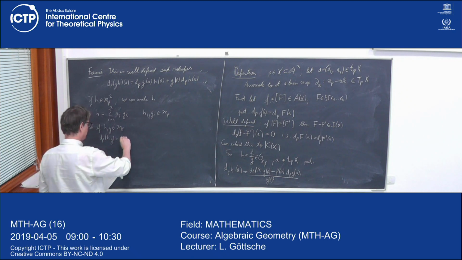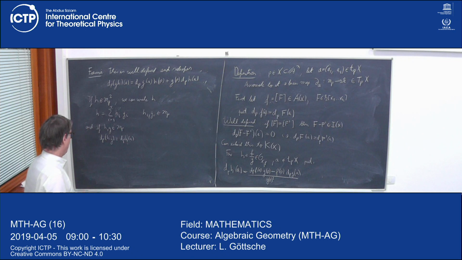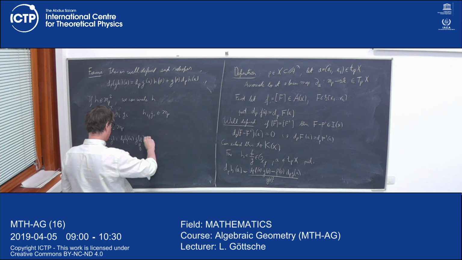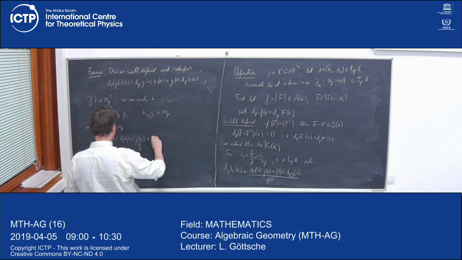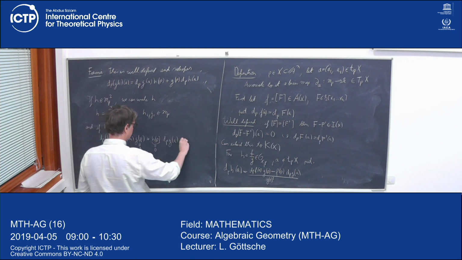d_P of HG is equal to d_P H of A times G of P, which is 0, plus H of P times d_P G of A, and this is 0, so this is equal to 0.